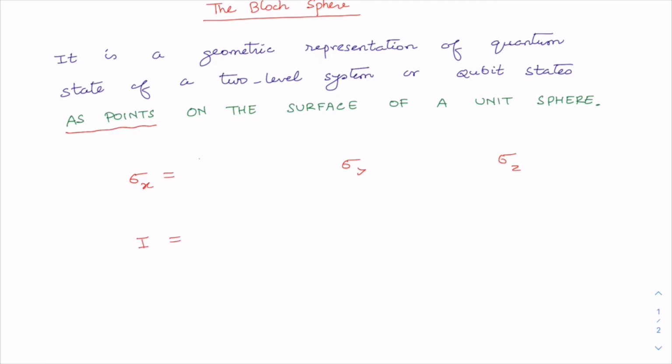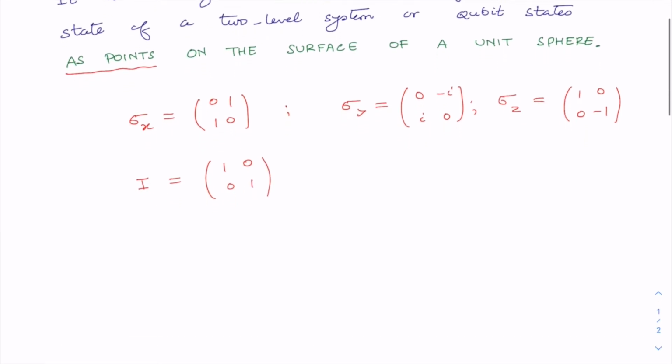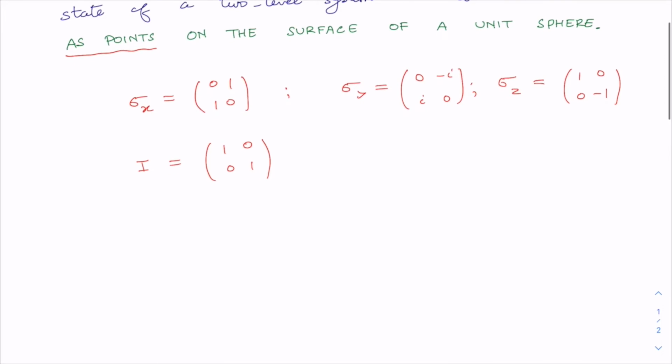We know that sigma x is equal to 0 1 1 0, sigma y is represented as 0 minus i, i 0, and sigma z is equal to 1 0 0 minus 1, and the identity matrix is 1 0 0 1. So any 2 by 2 matrix can be expressed in terms of these Pauli matrices and the identity matrix. So we have, say, this is my x direction, y direction, and z direction.